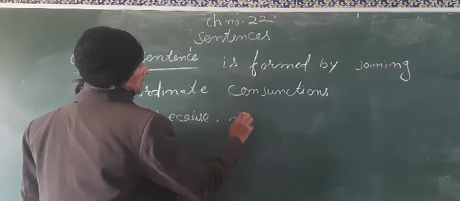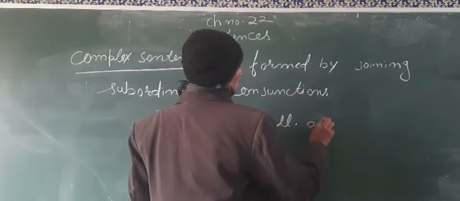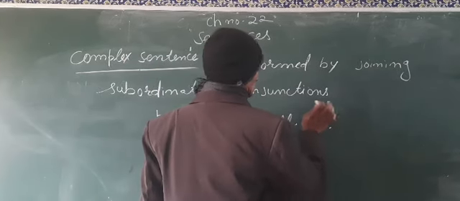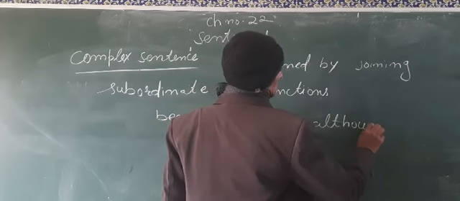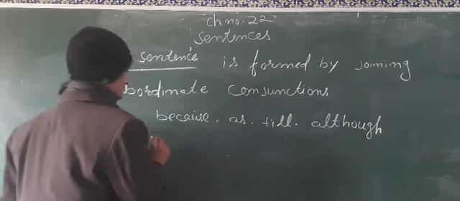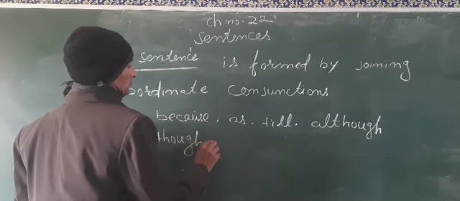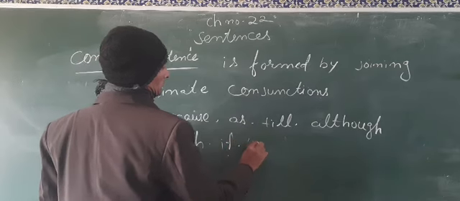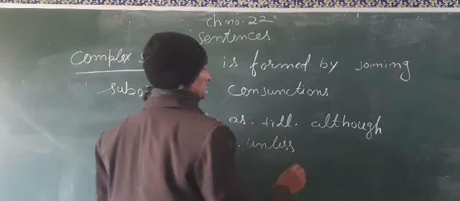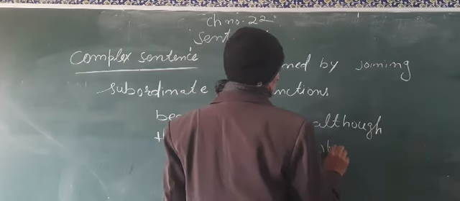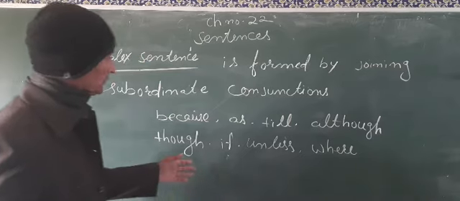Because, as, although, unless. These are called subordinate conjunctions.